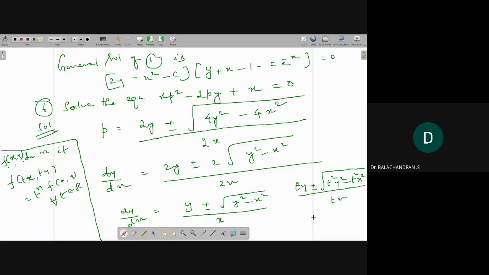After simplification you get y plus or minus root of y square minus x square by x, because t gets cancelled. This is nothing but f of x comma y, that is t power 0. So that's why this function is a homogeneous function of degree 0.